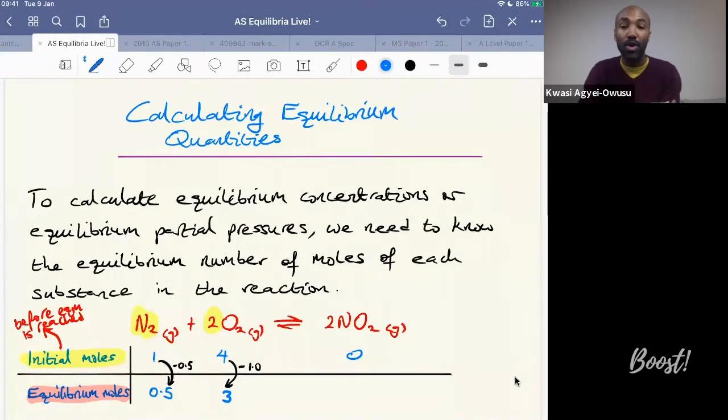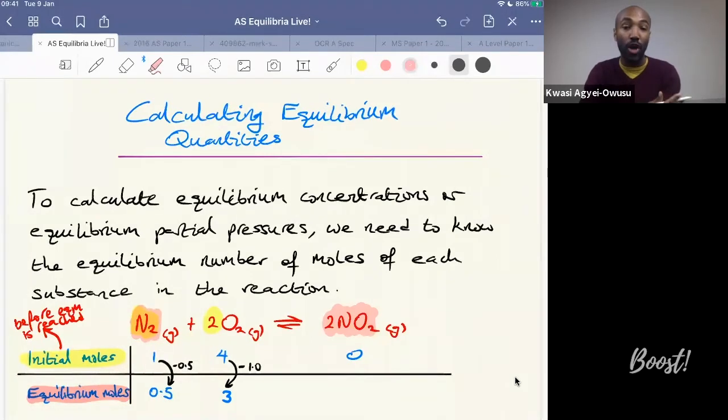This time round, we need to look at the molar ratio of reactants to product. Perhaps let's use a different color this time. We're going to use pink. We know that the molar ratio of nitrogen to nitrogen dioxide is 1 to 2. So if you've got 1 mole of nitrogen reacting, you should expect to make 2 moles of nitrogen dioxide.